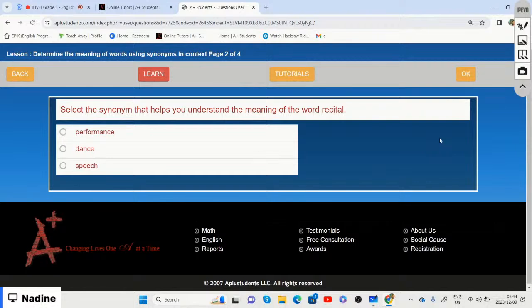We need to find the synonym that helps you understand the meaning of the word recital. Is recital a performance? Is it a dance? Or is it a speech?